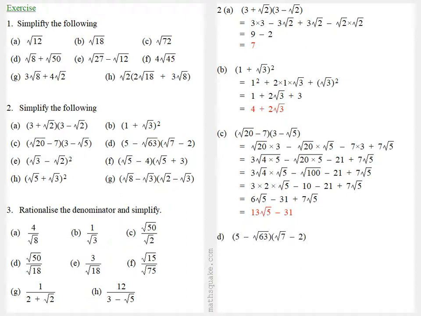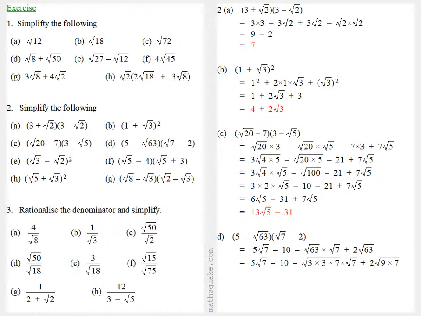In question D, we have 5 minus root 63 times root 7 minus 2. If we expand the brackets, the first pair is 5 root 7, the outer pair is minus 10, the inner pair is minus root 63 times root 7, and the last pair is plus 2 root 63.